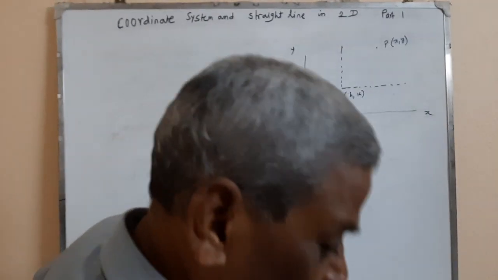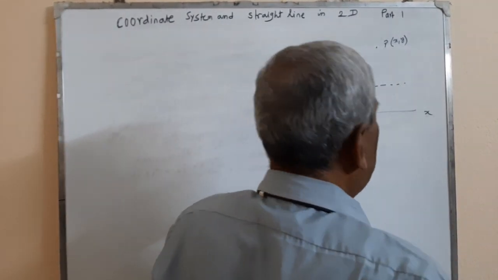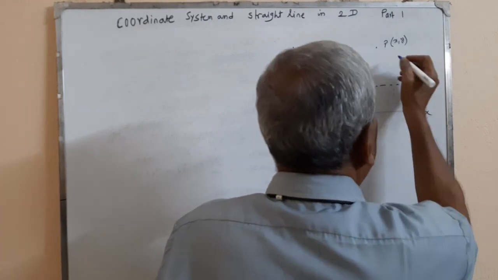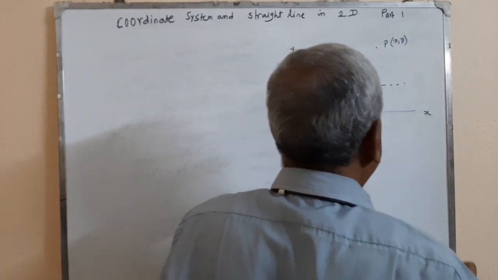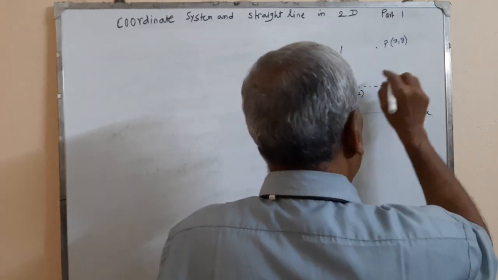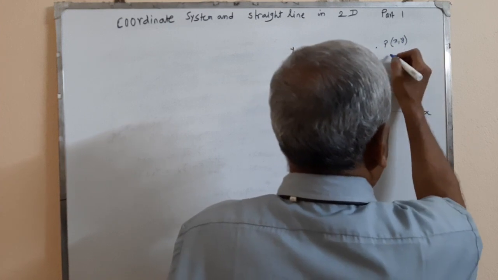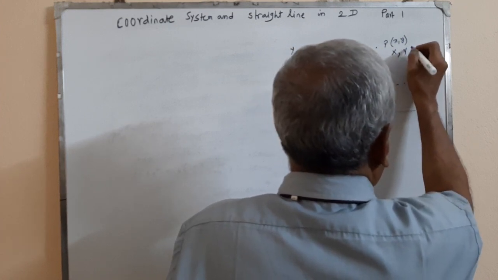Now, with the new and old coordinate systems, in the old system P is (x, y), and the same point with respect to the new system is (X, Y).